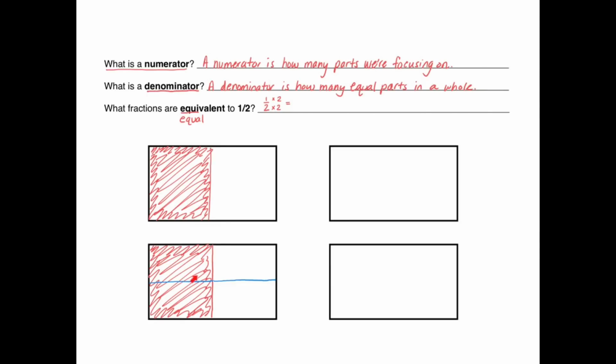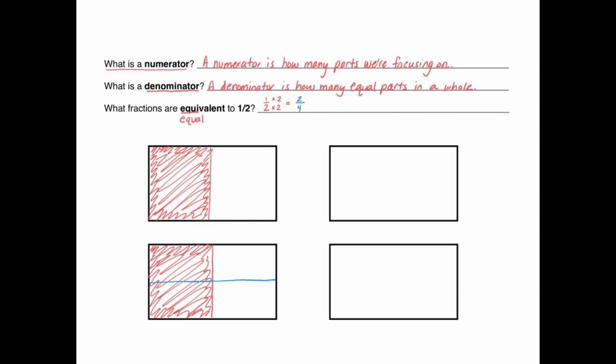So now, instead of just 2 equal parts in the whole, I have 4. Okay? Instead of 1 shaded, I have 2. And so you can see that I now have 1 times 2 is 2, and 2 times 2 is 4. So they are exactly the same.